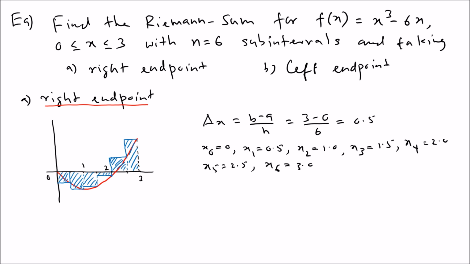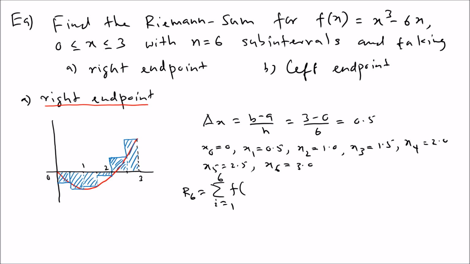Those are what we normally call the nodes. So we find the nodes, and we evaluate the function at the right endpoint every time. So your Riemann sum is a sum from 1 to 6, because there are 6 points.